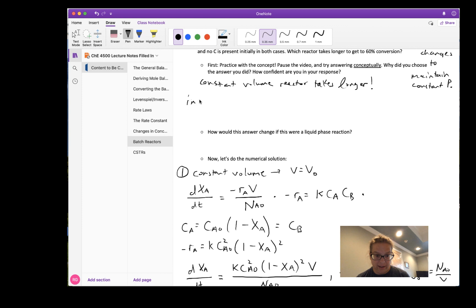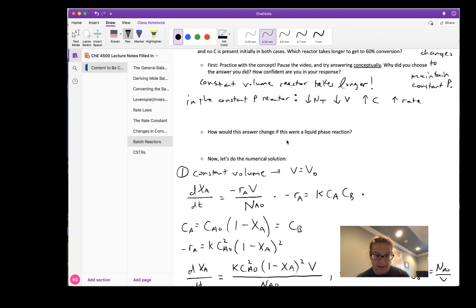In the constant pressure reactor, as the reaction goes on, the number of moles decreases. This decreases the volume, which increases the concentration, and that increases the rate. So the constant pressure reactor gets to some conversion more quickly than the constant volume reactor.